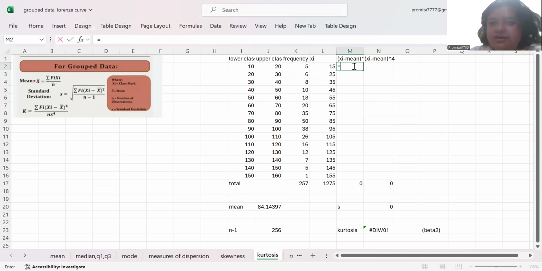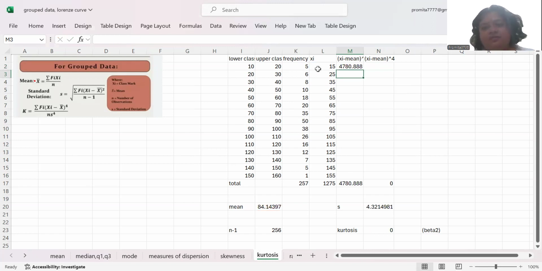So here equal to this minus 84, this is my mean, and I'm fixing the particular cell using the dollar sign, to the power 2.